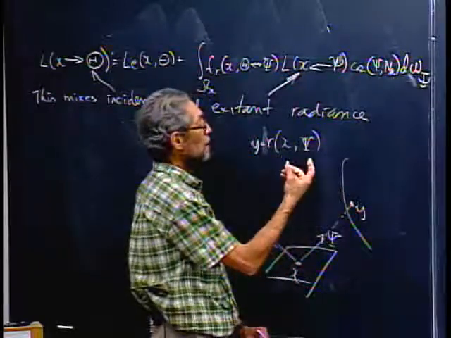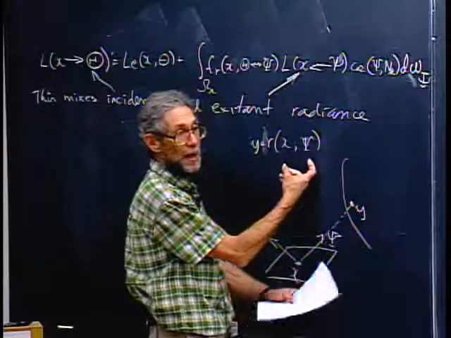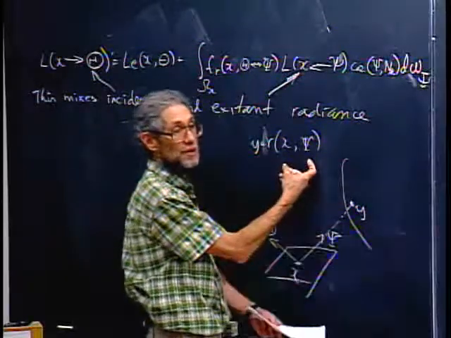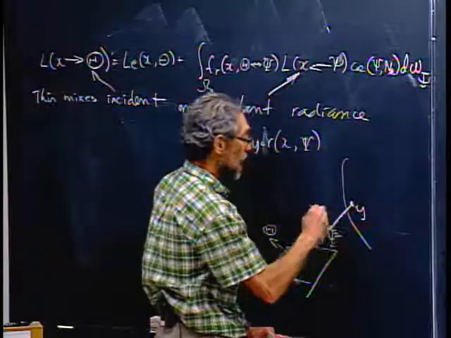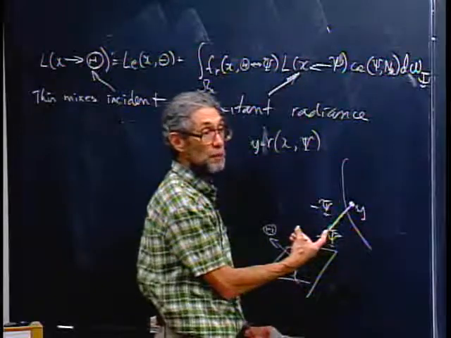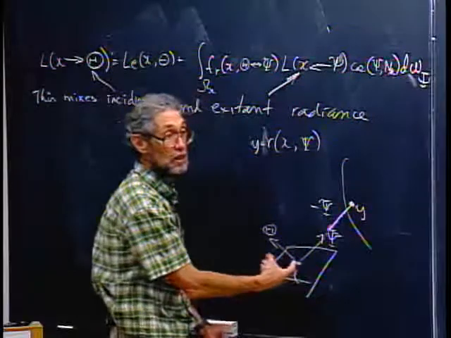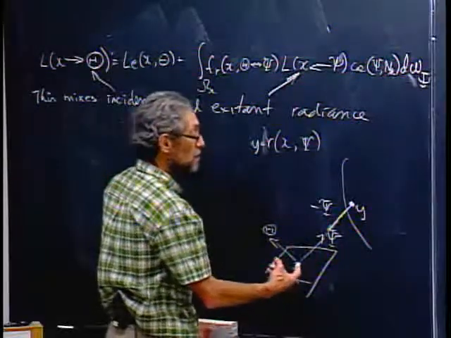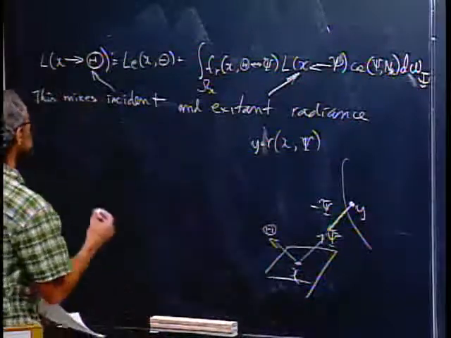I guess if we're going to write it like this, we're assuming that it's a closed environment. Otherwise, it would be the background, the black night sky or something, if there weren't objects above you. Here's a direction minus psi. If you look at the excident radiance from that point y in direction minus psi, that's actually the same as this radiance, but now everything is expressed in terms of excident radiance.